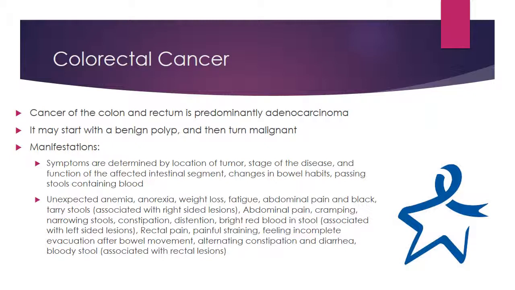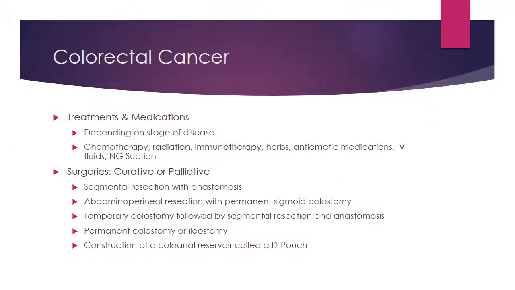Some changes in bowel habits, and passing stools containing blood. Some other findings could be unexpected anemia, anorexia, weight loss, fatigue, abdominal pain. Basically anything that changes in your bowels, you need to keep an eye on and report to your doctor.